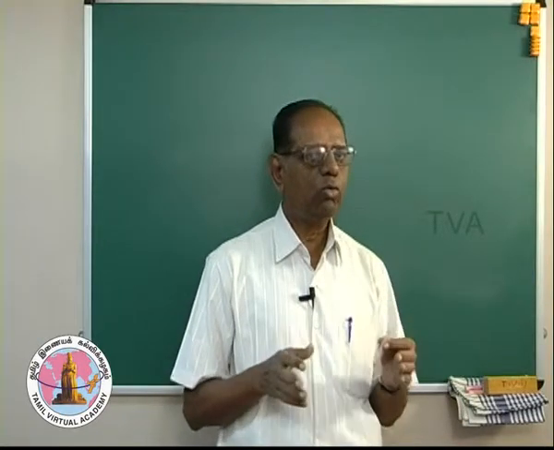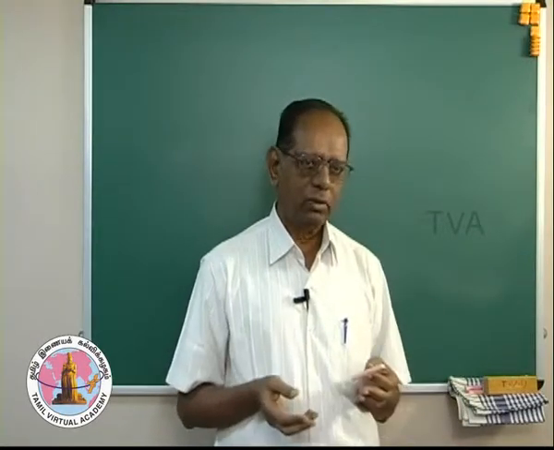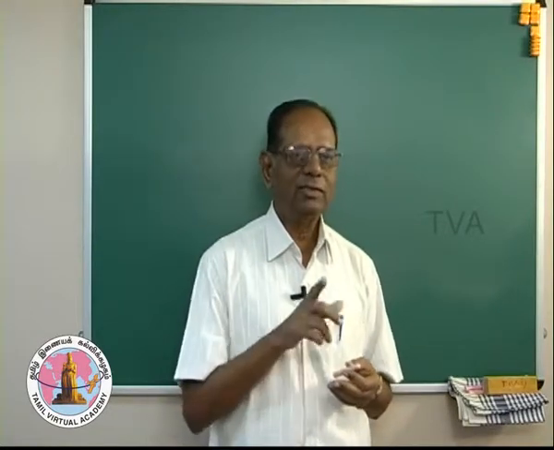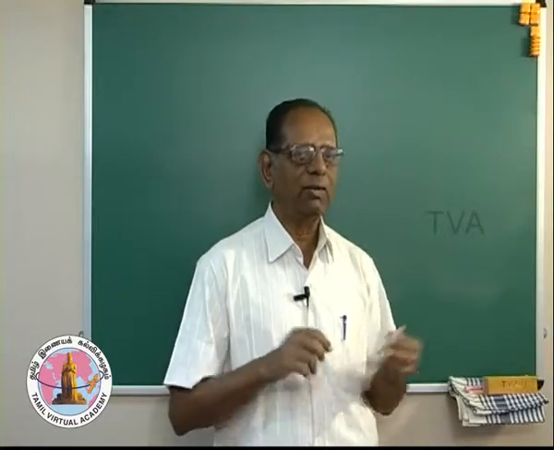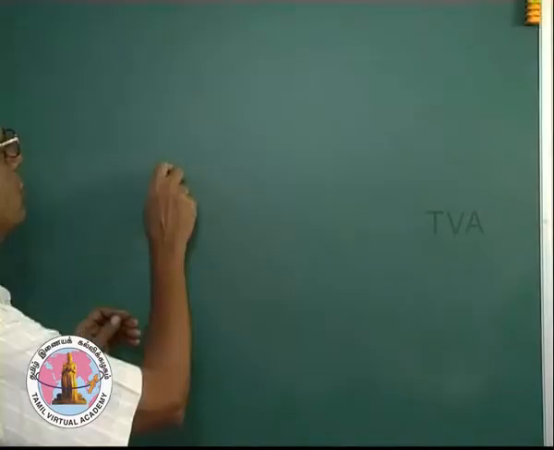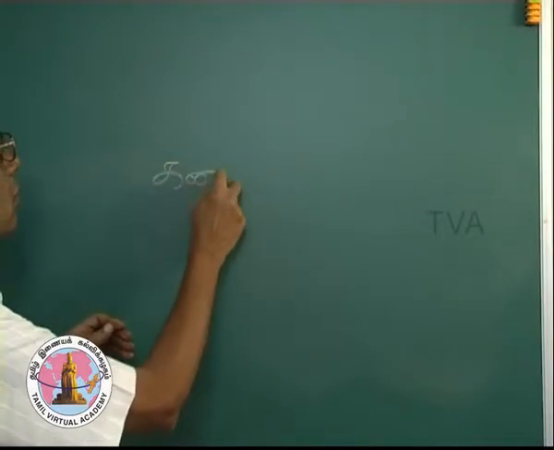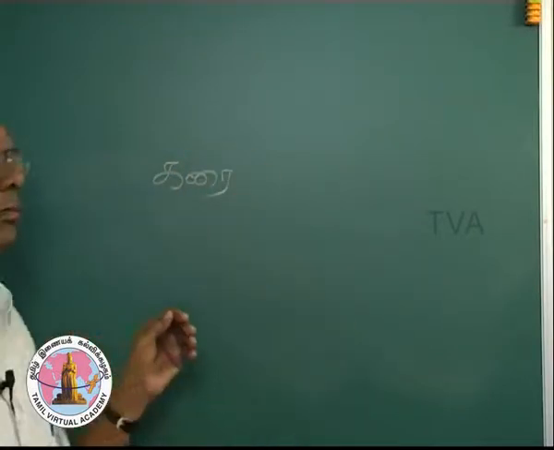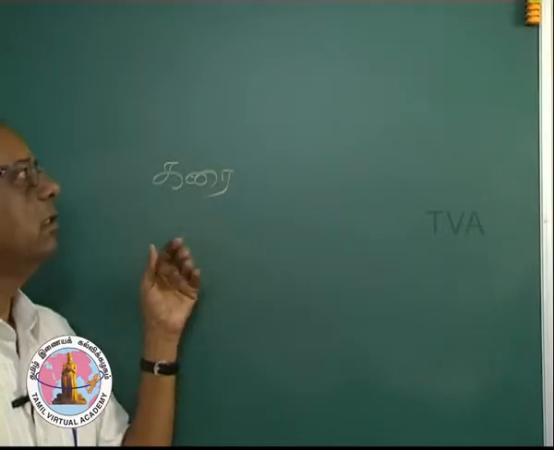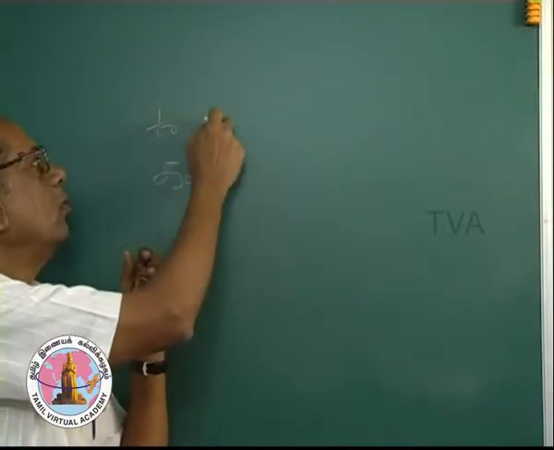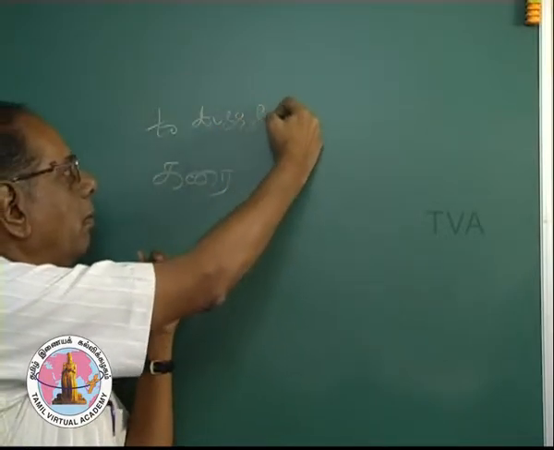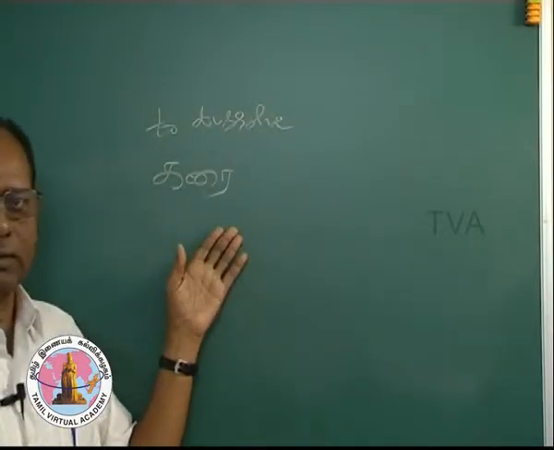Now, to be thorough with the forms, you have to be thorough with the tense markers and their forms. You remember this? Karai, to dissolve. We have already seen that.